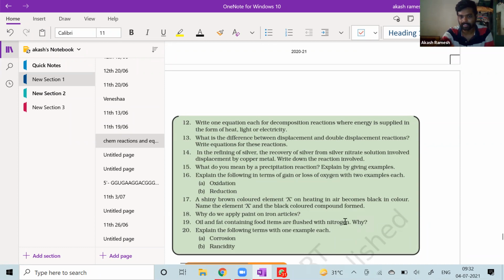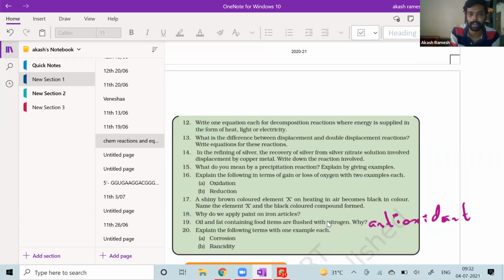Nitrogen here is acting as, so it is an inert gas. What is the term? Sir, antioxidant. Antioxidant, that's the thing. So here, nitrogen acts as an antioxidant. Oil and fat containing food items are flushed with nitrogen because nitrogen makes sure that the food particles don't get oxidized. Means nitrogen acts as an antioxidant.